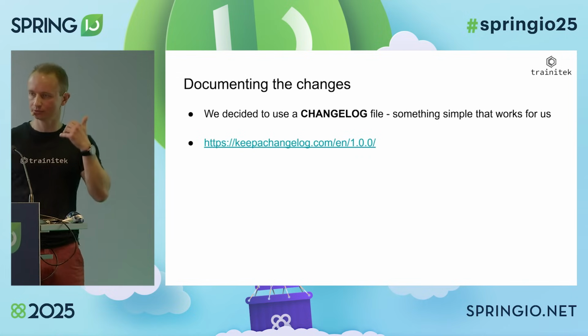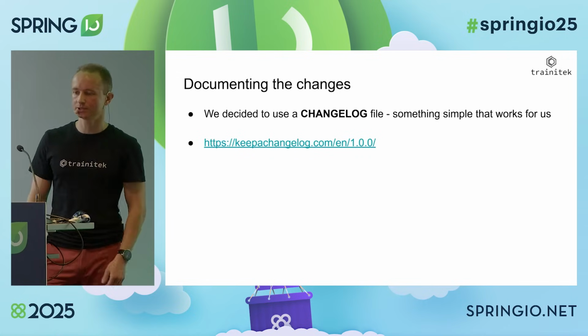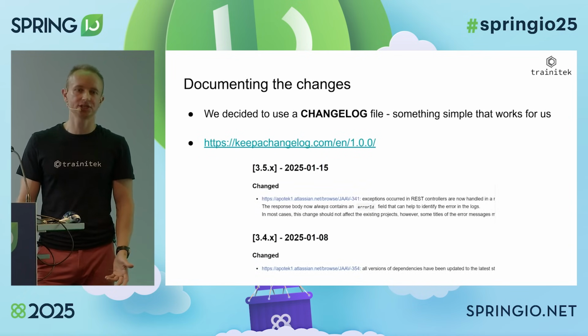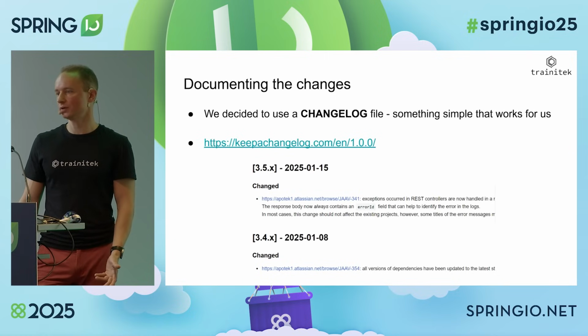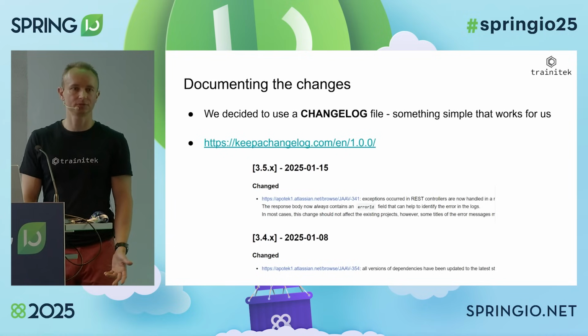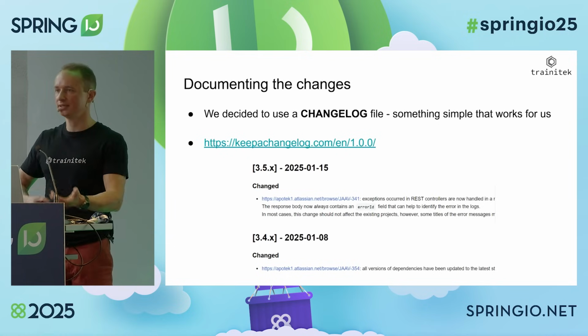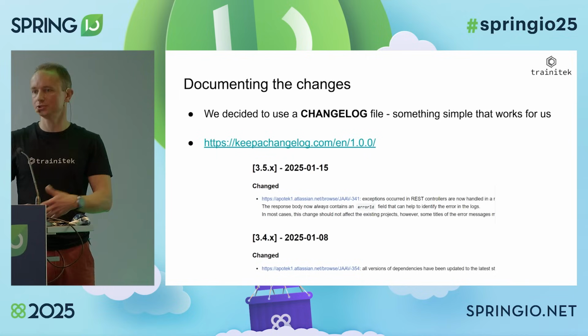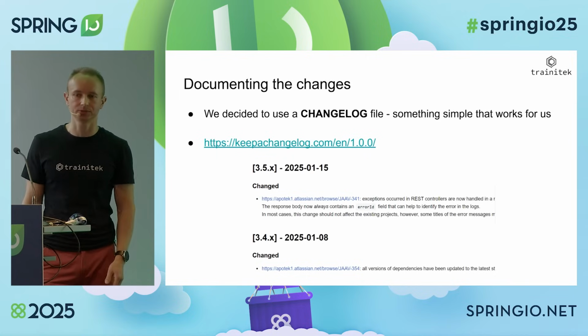I will provide a QR code to the presentation slides at the end as well. It works for us just fine. We write them manually, and with the help of AI it takes very little time, and it works without any problem. We don't need to maintain any tool or library, or migrate to it. It's just a simple file that shows what we are doing.